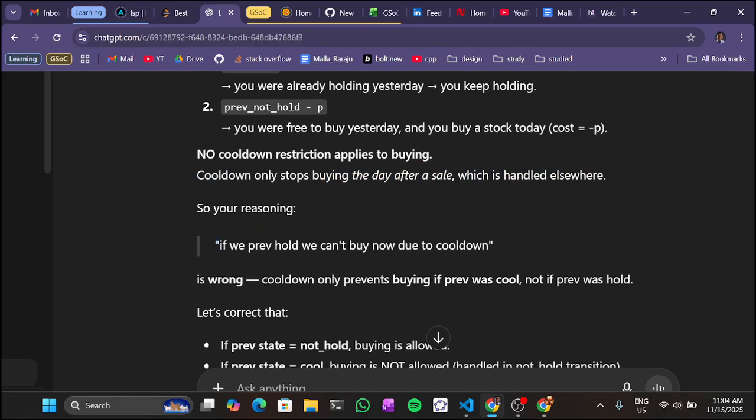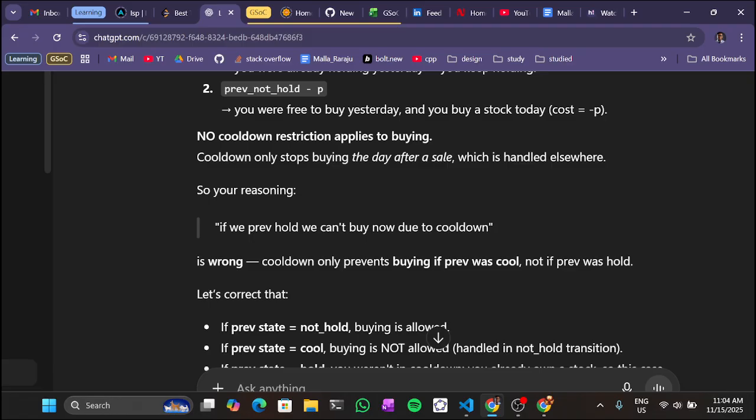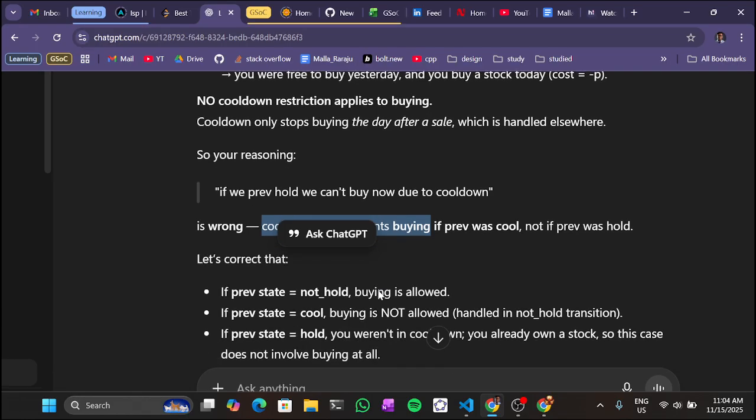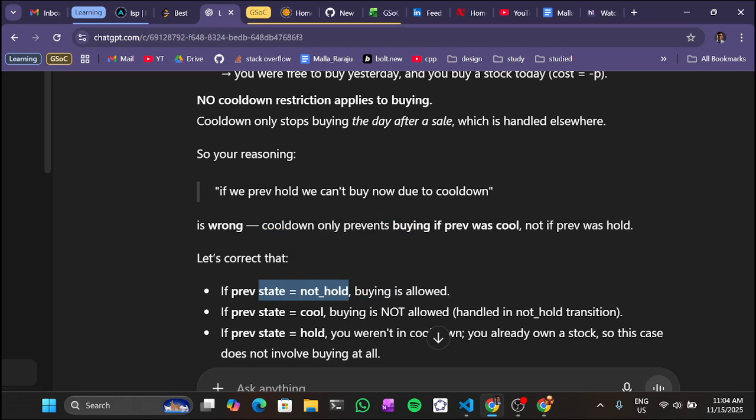So if we previously hold, we can't buy now due to cooldown. Prevents buying if previous was cool, not if previous was hold. Okay, so if previous was cool, if previous state equals not hold, buying is allowed.